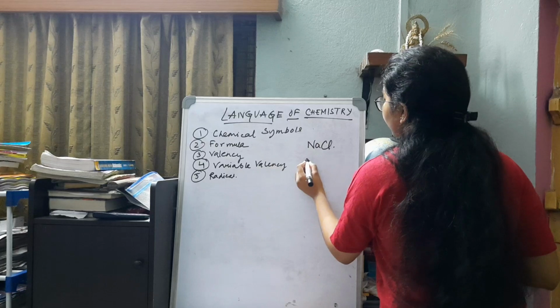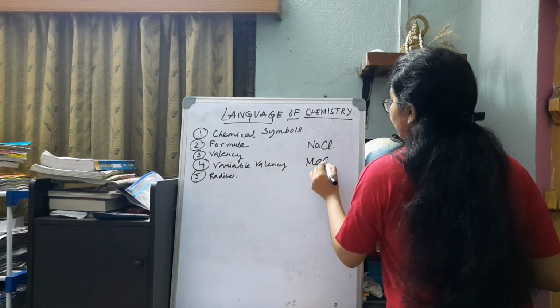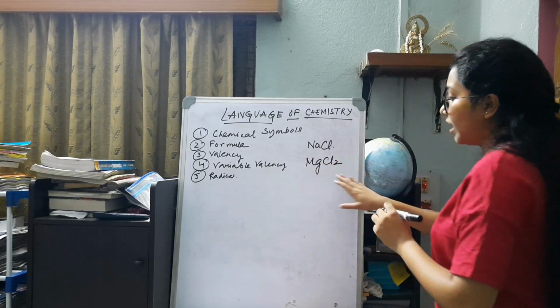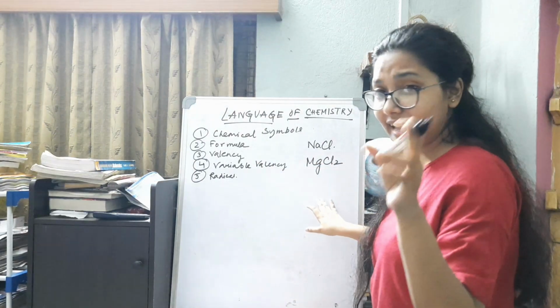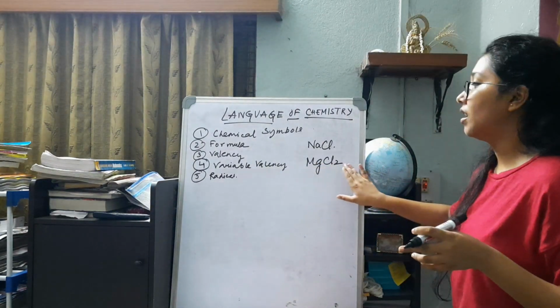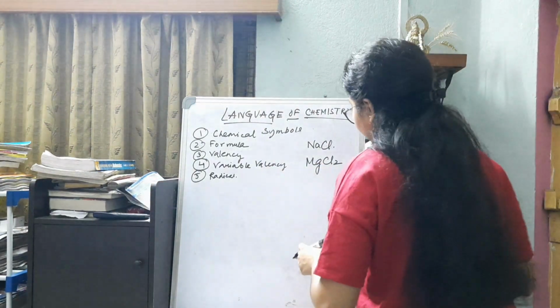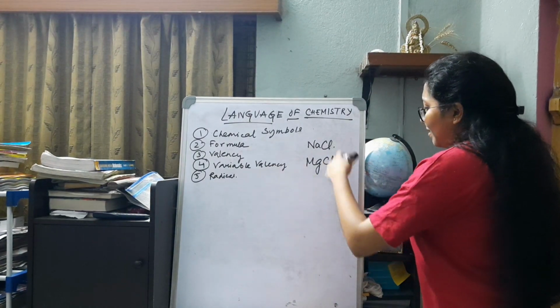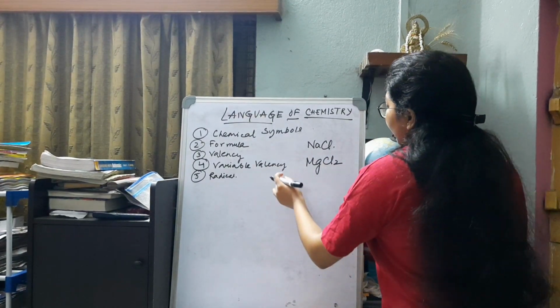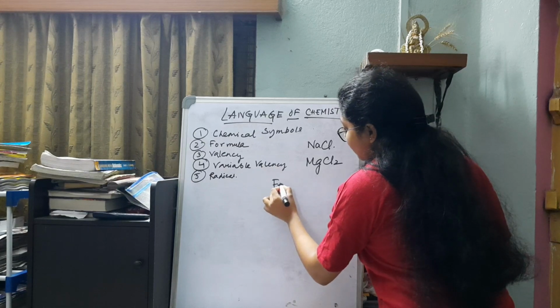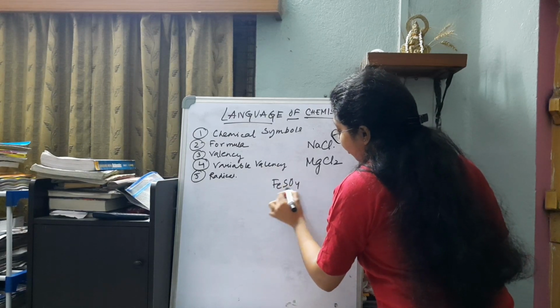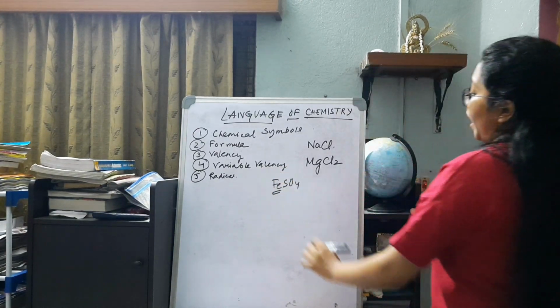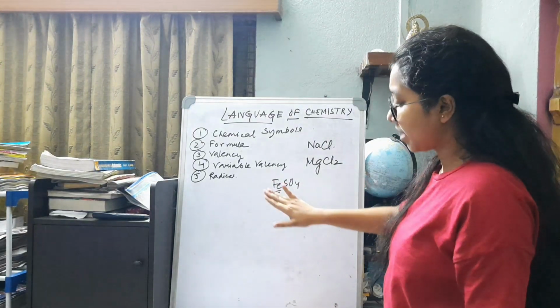Then we go for MgCl2. I hope you can say that it is the molecular formula of magnesium chloride. Then moving forward to some other examples as well. If we actually see FeSO4. Now for those who don't know, Fe is the symbol of iron.